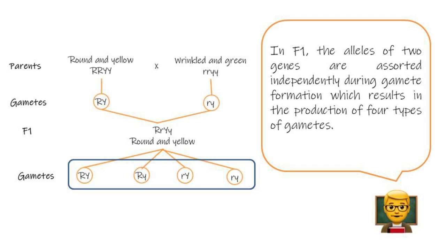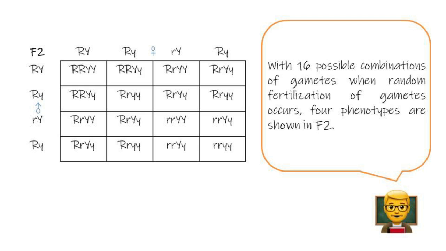In the F1 generation, the alleles of the two genes are sorted independently during gamete formation, which results in the production of 4 types of gametes: big R big Y, big R small y, small r big Y, and small r small y. With 16 possible combinations of gametes when random fertilization occurs, 4 phenotypes are shown in F2.